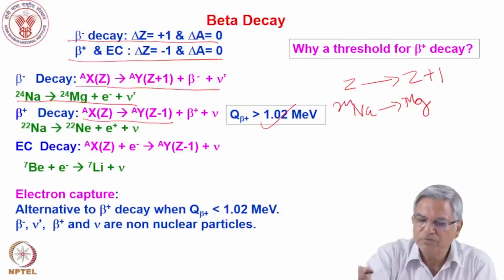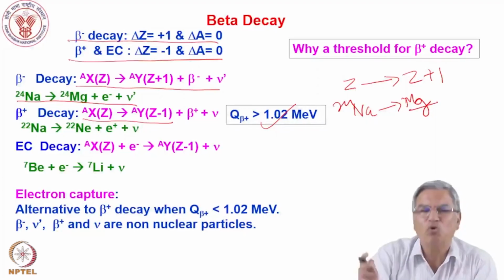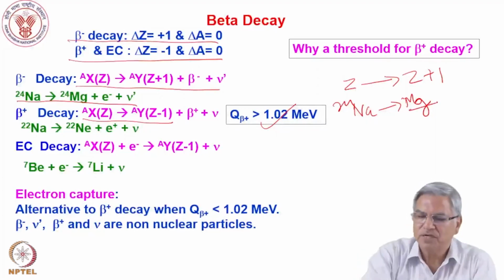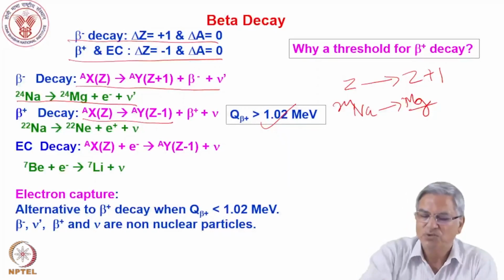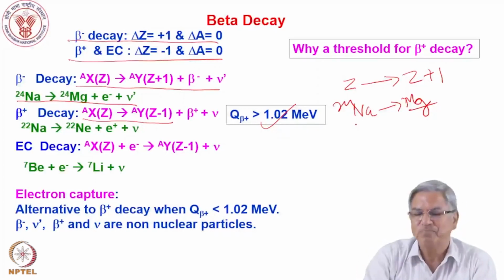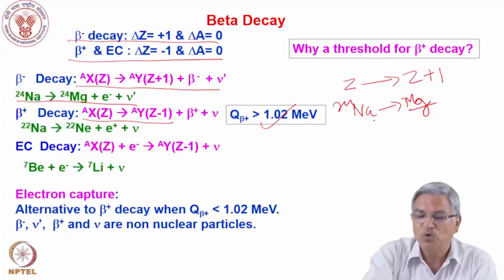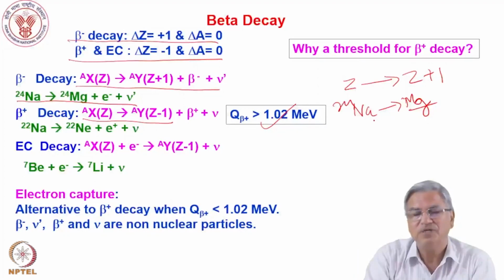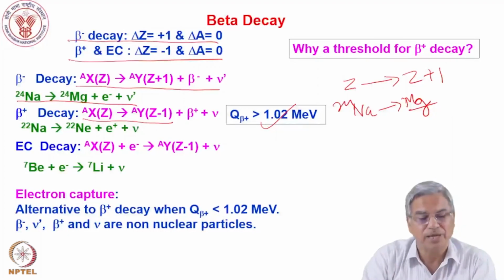When sodium converts to magnesium, it will be positively charged, so it can easily pick up an electron from the surroundings. One electron was emitted by sodium 24 and magnesium picks up an electron, so in terms of electrons, there is no loss or gain.